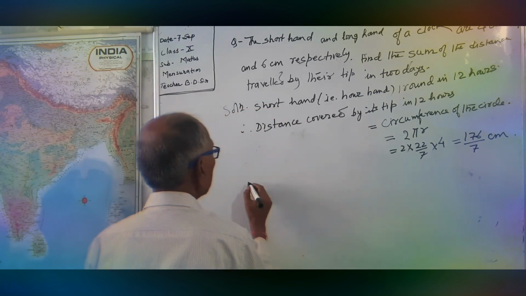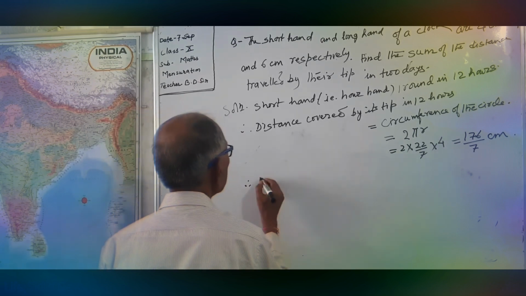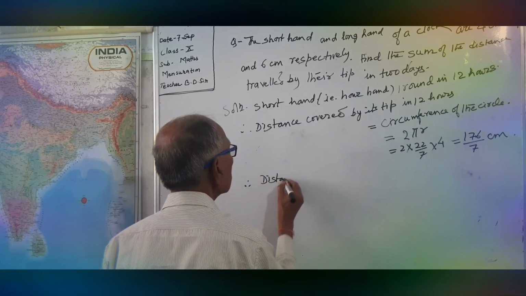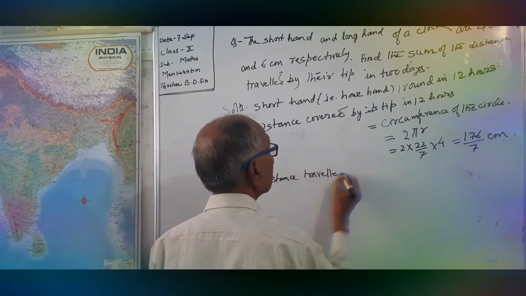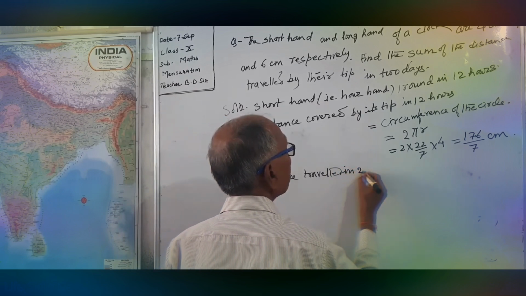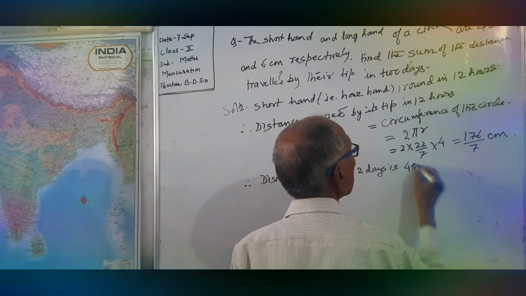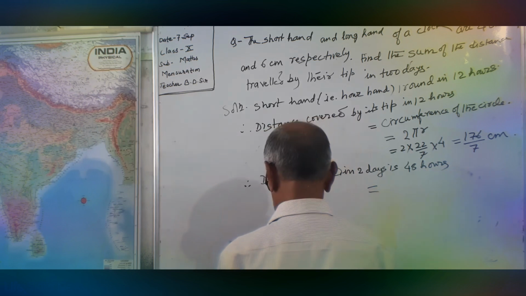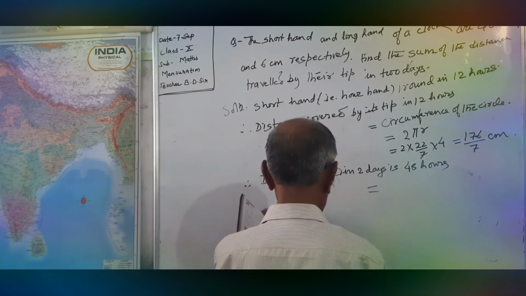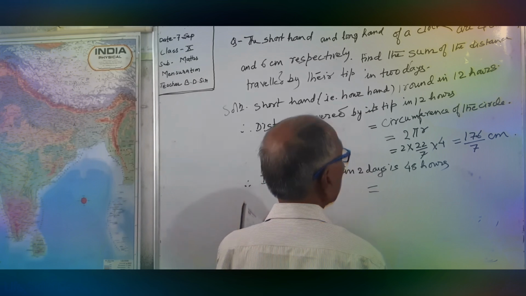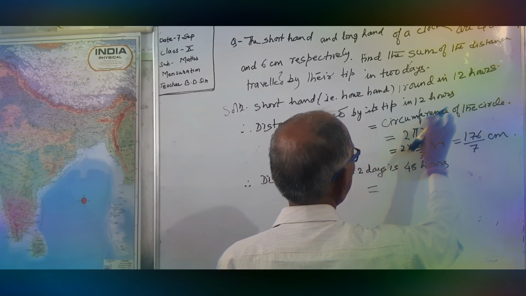Therefore, 2 days means 48 hours. So distance covered in 2 days, that is 48 hours, is equal to multiply 48 hours to 12 hours, distance travelled by tip in 12 hours.